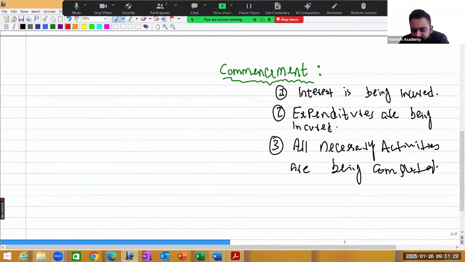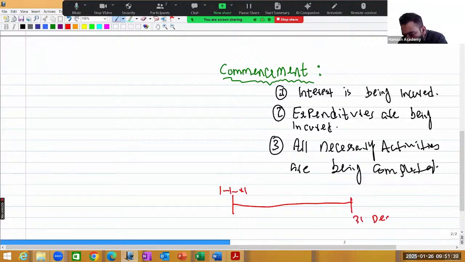For example, this is our financial year, 1st January X1, and it's going to end on 31st December X1. On 1st January, you take a bank loan, let's say at 10%.